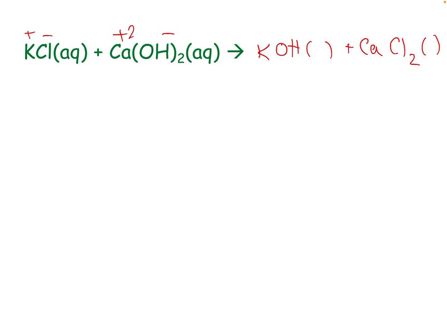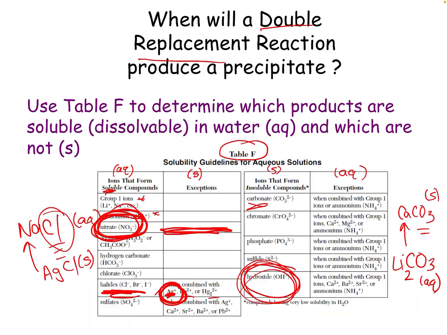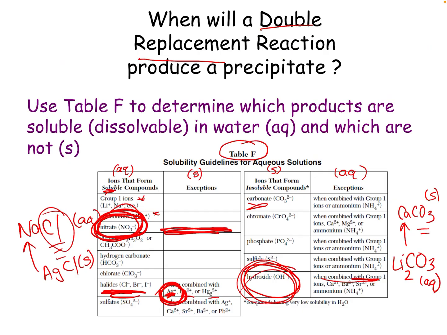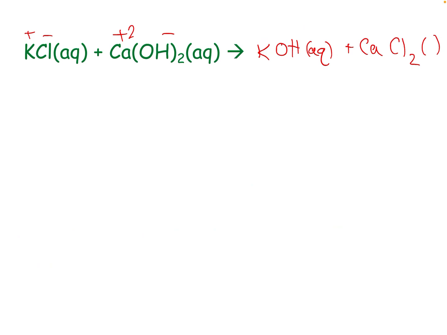So hydroxide, group 1, it's an exception, which means this is going to be aqueous. And chloride is soluble except with silver, that's lead 2, sorry, and dimercury. So those are not exceptions. So if both of your products are aqueous, we don't have a precipitate being formed.